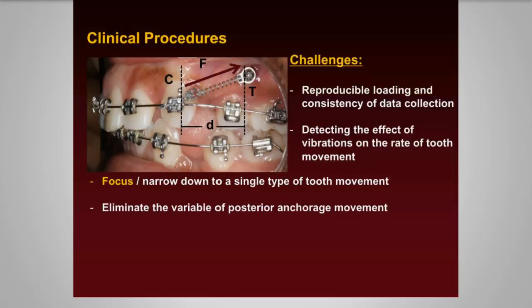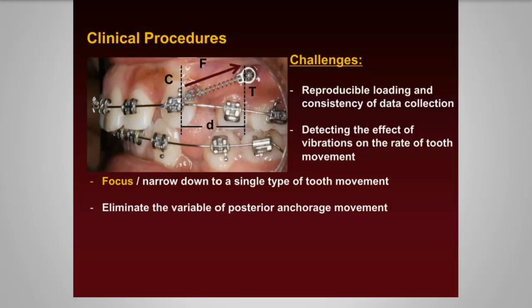And this is very important. Rather than looking at the whole dentition and every possible result, we can focus on one type of tooth movement to get more reproducible and less variable results than if we would look at groups of teeth or the dentition overall.